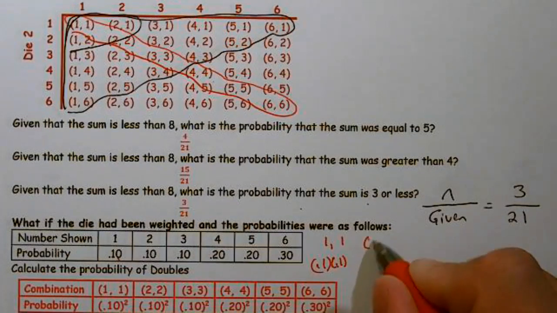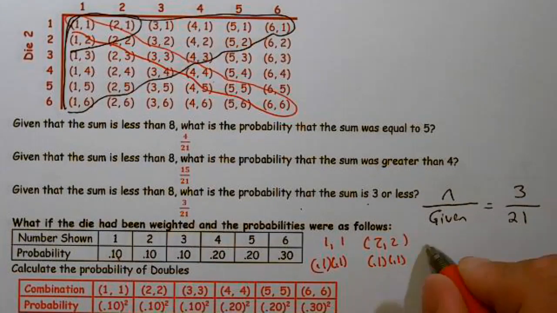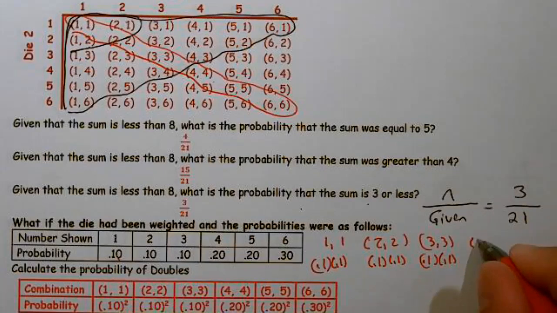Or I could get a 2-2. Probability of a 2 is 0.1 times 0.1. Probability of a 3-3 is 0.1 times 0.1. A 4-4, 0.2 times 0.2. A 5-5 is a 0.2 times a 0.2.